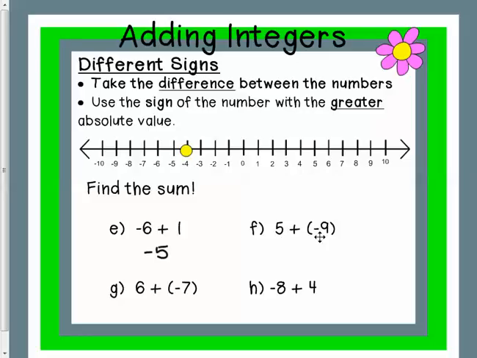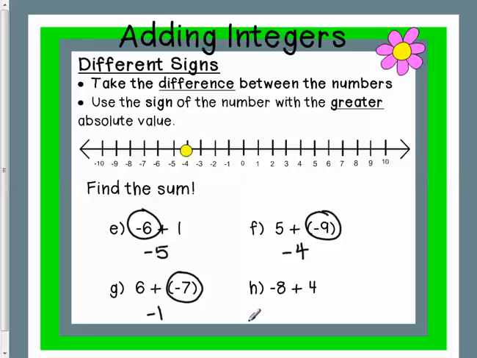So 5 and 9's difference is 4, and -9 has the bigger absolute value, so it's -4. Sometimes I circle the one that there's more of just to help myself out. Okay? For example, in this one, 6 plus -7 is a -1 because there's more negatives.